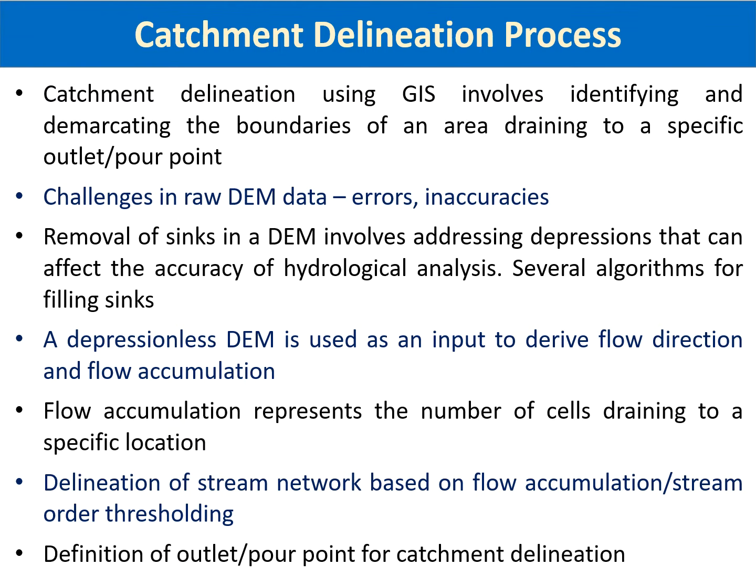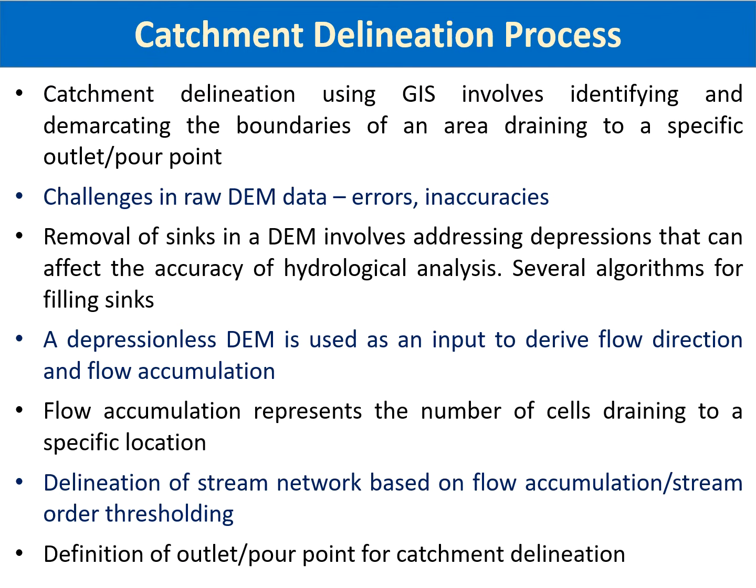This is based upon your locational context, where you collect a pour point or outlet point from the field. It could be the location of a dam, it could be a gauge site, it could be a proposed site for a dam, or it could be a confluence point of a tributary just before it is confluencing with the main river.